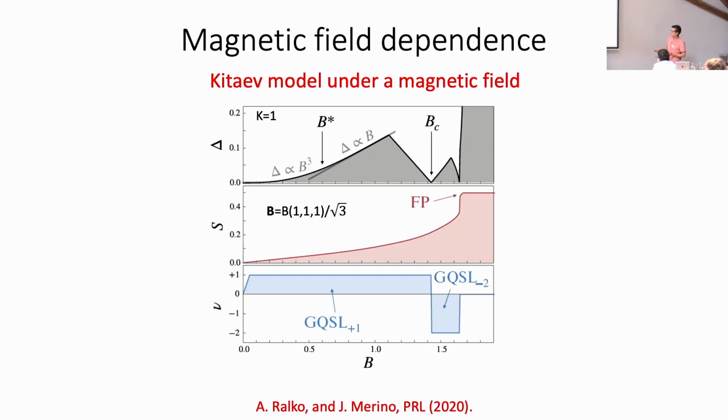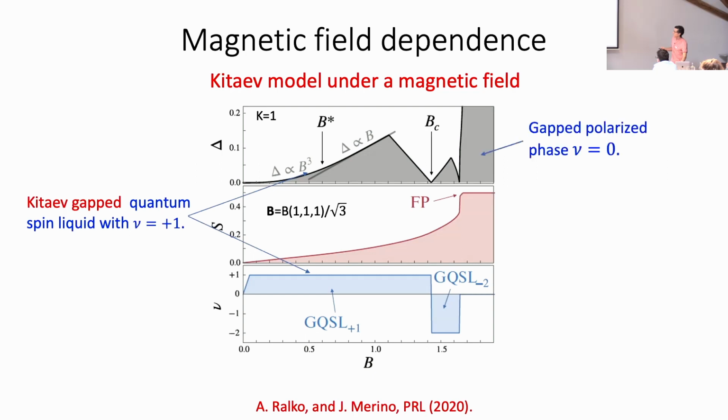But then as the magnetic field keeps increasing, there is a change in the relation. So it doesn't go like field cubed. So it's linear. And then it's suppressed until this critical value where the system has a topological transition, where you see the Chern number changes from 1 to -2. That's in terms of the Kitaev K. That's right.